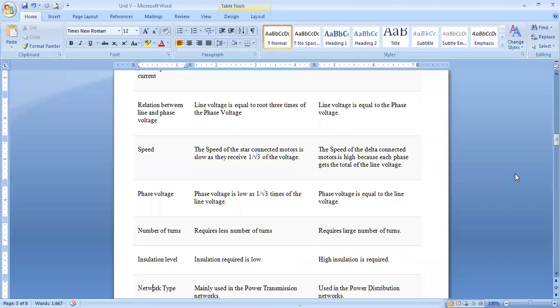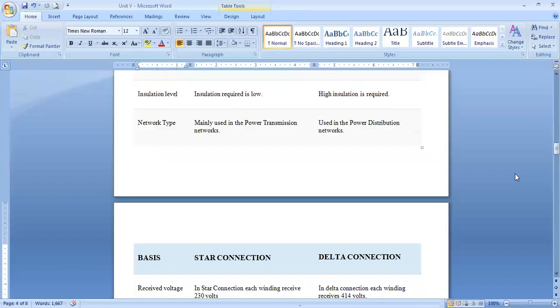Now the number of turns is less for the star connection, but for the delta connection, the number of turns is high. Insulation level is also low for the star connection, but the insulation level is high for the delta connection.